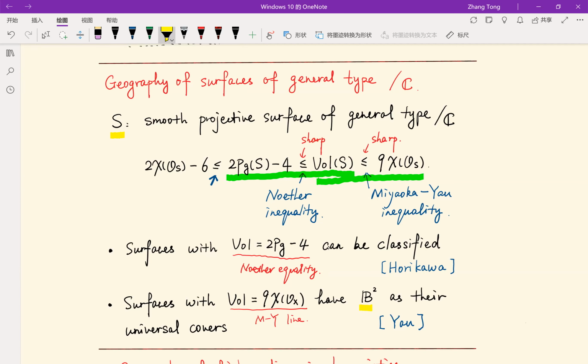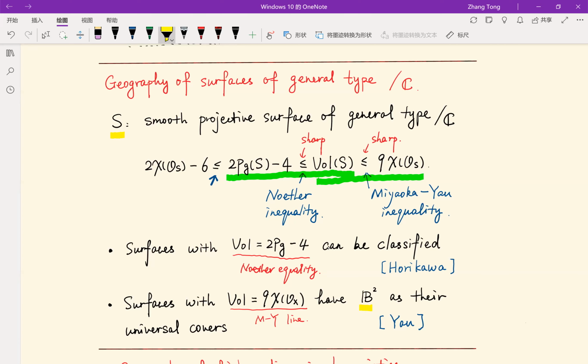From this page, you may see that if you consider the geography question, first you need to find some interesting numerical relations, and then you can try to classify the extremal cases. If it's possible, you can classify some sub-extremal cases and keep working out.